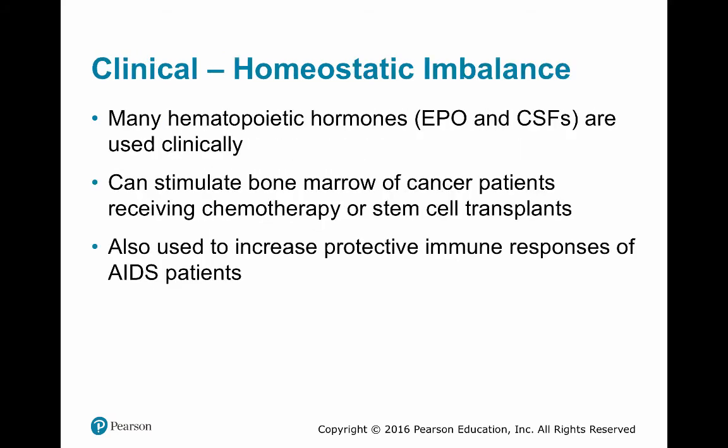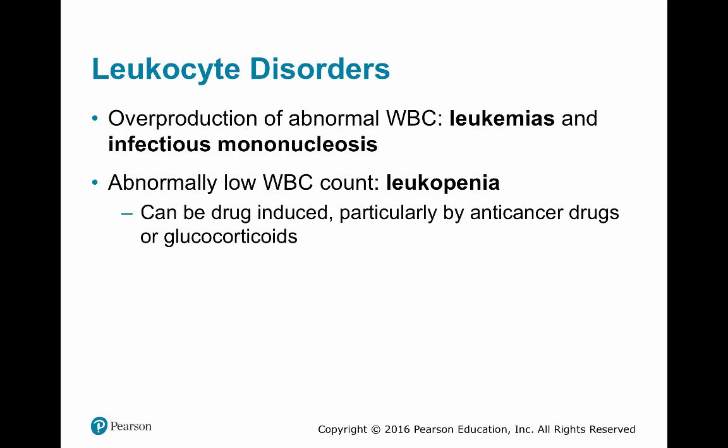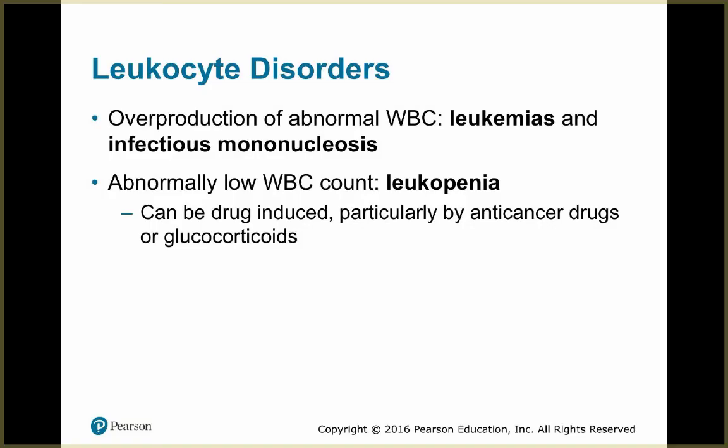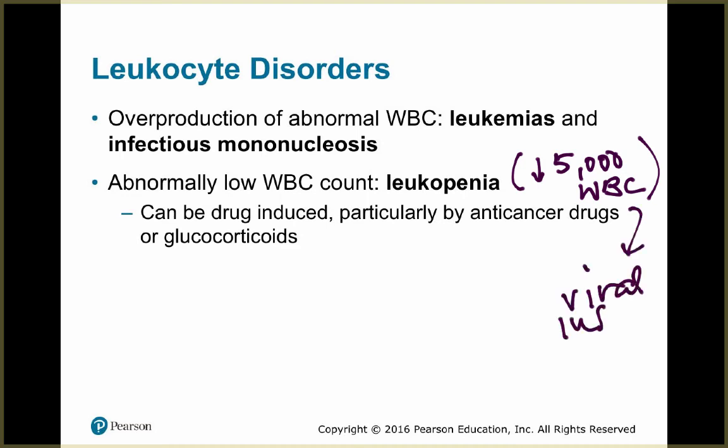Leukopenia is when you have less than about 5,000 white blood cells, and this can be due to things like viral infections that are killing or destroying all the white blood cells, or heavy metal poisoning.